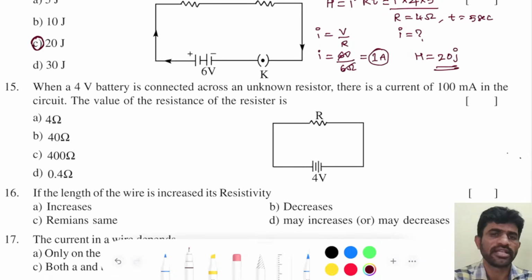When a 4-volt battery is connected across an unknown resistor, there is a current of 100 milliamperes in the circuit. The value of resistance of the resistor is. You just find out the resistance because potential difference is given, current is given. What is the resistance formula?